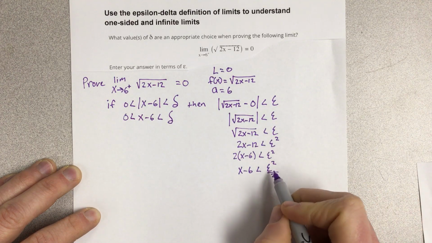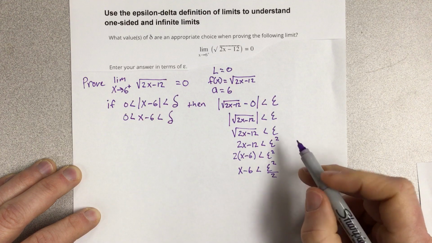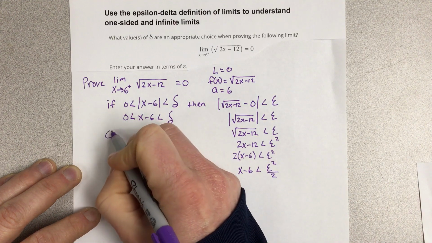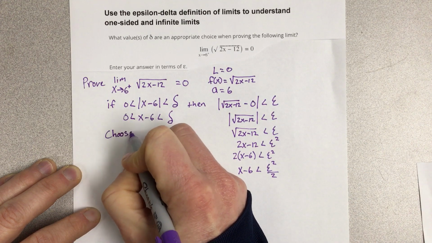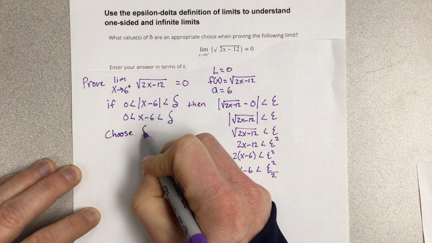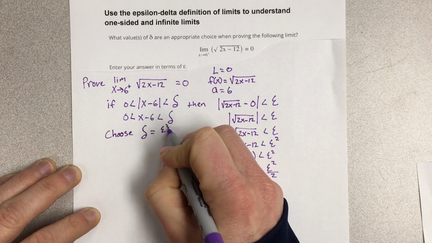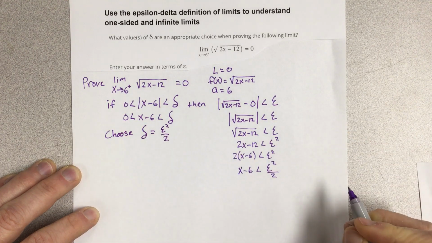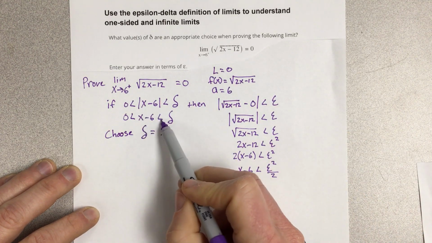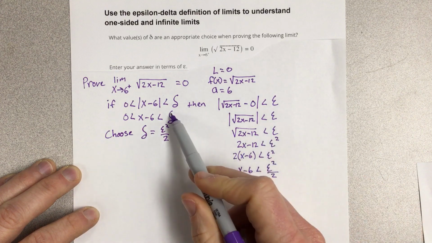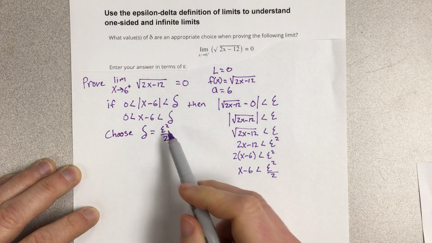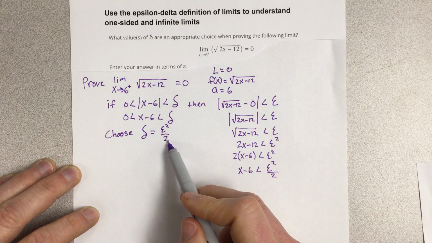So at this point, we're going to choose our delta to be equal to epsilon squared over 2. Because x minus 6 has to be less than delta, delta's greatest value is going to be this epsilon squared over 2.